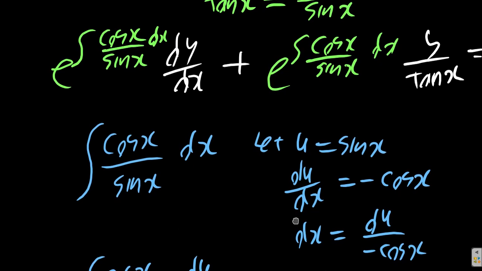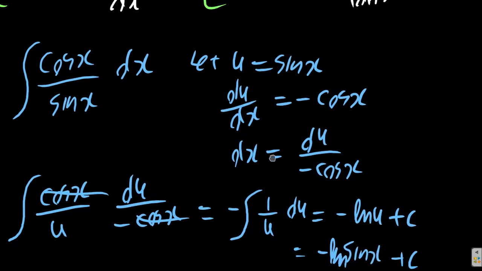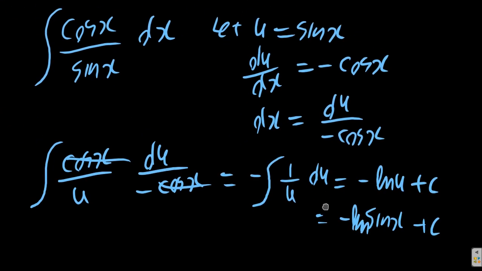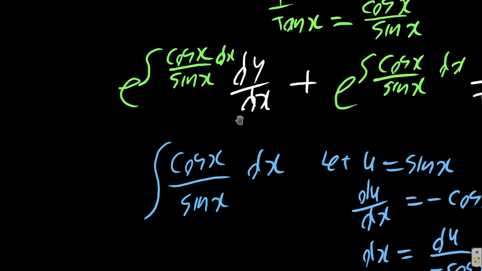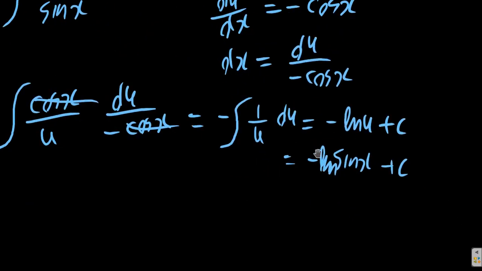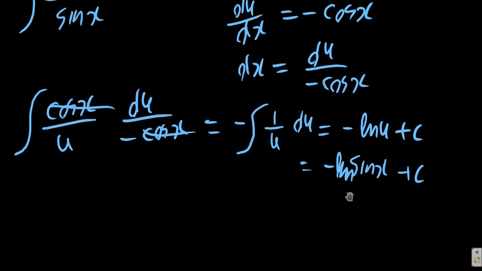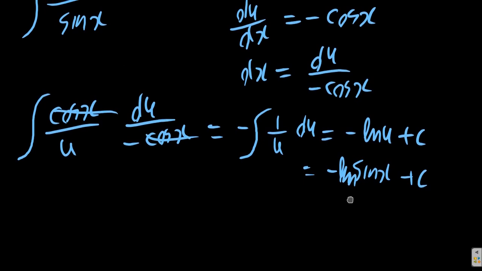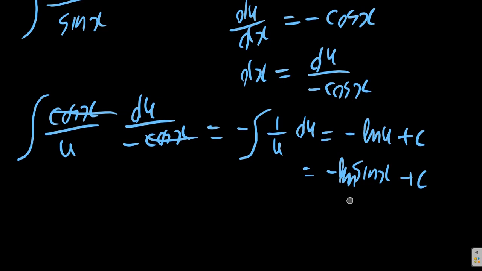It becomes e to the power of negative ln sine x. We're going to leave out the c when we deal with this one. So it's e to the negative ln sine x.